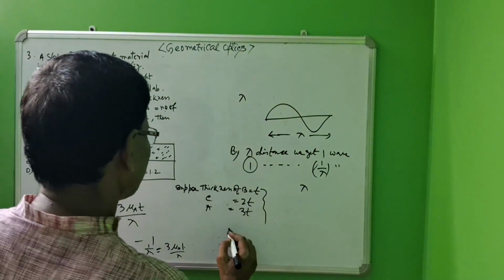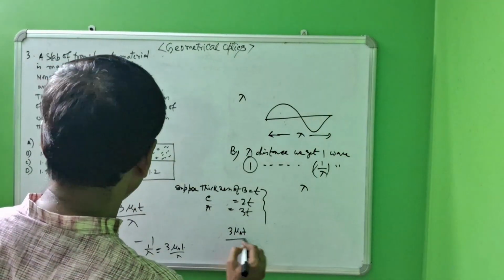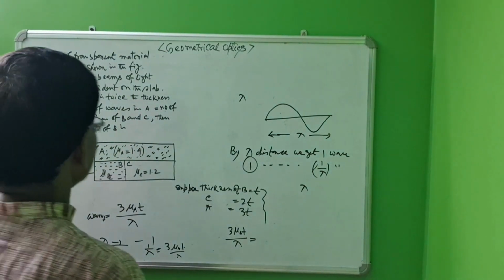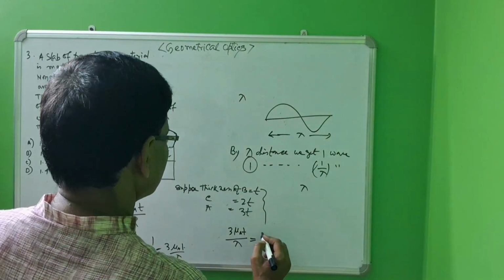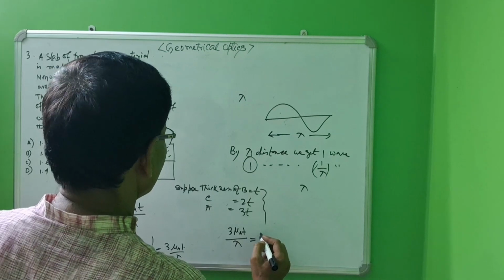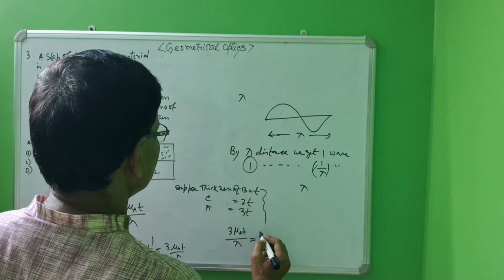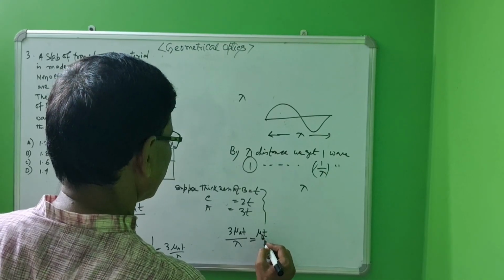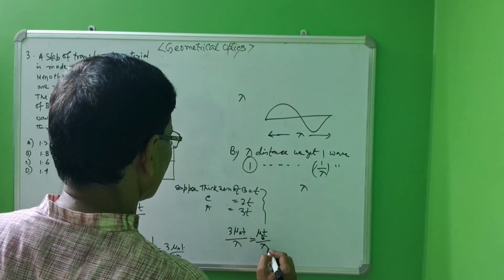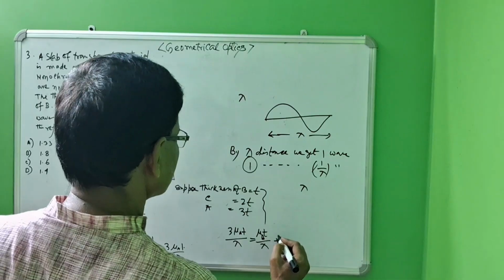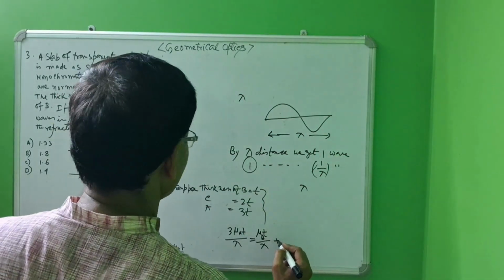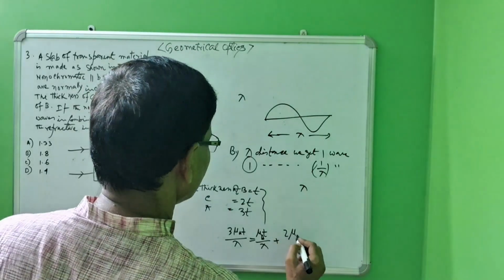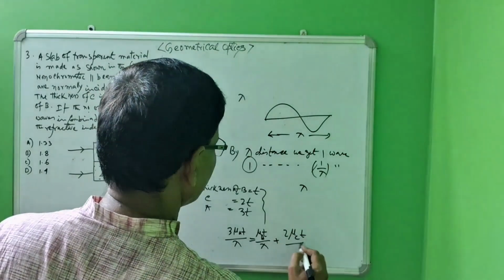According to the problem, 3 mu A T upon lambda equals mu B T upon lambda plus 2 mu C T upon lambda.